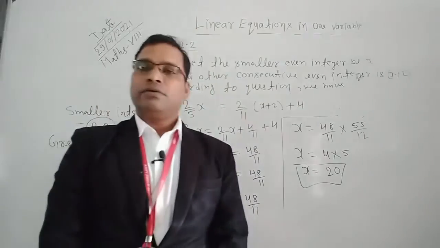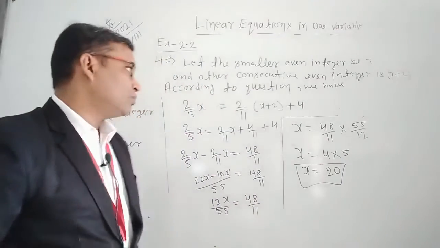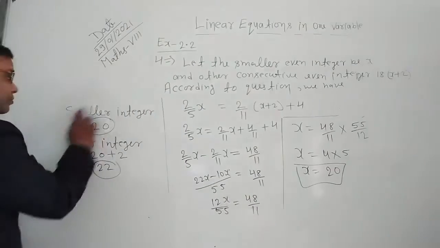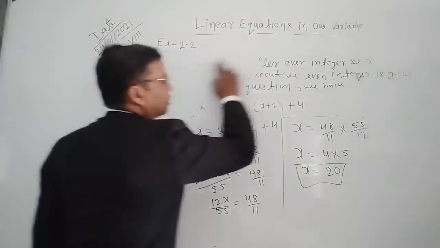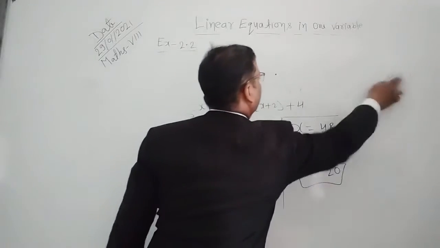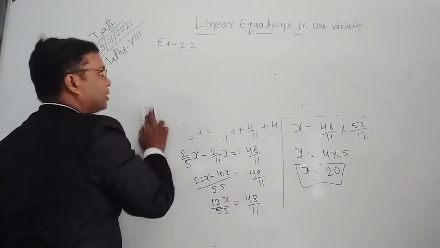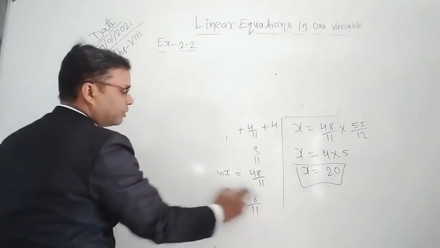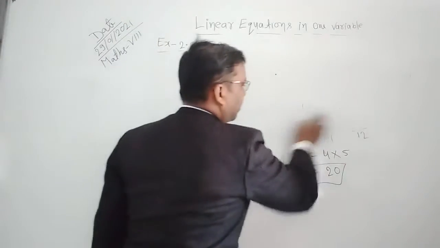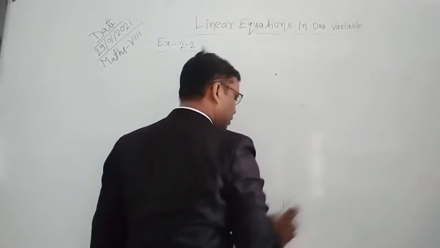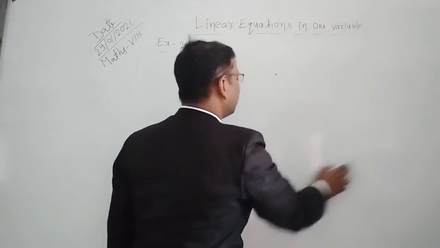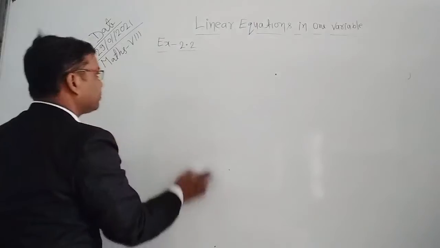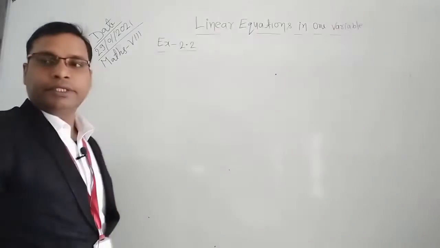Now let's see how to solve this question. First we erase this. After this we solve question number 5 of this exercise 2.2, chapter 2, linear equation in one variable. In this question, you know how a fraction is made. Fraction is equal to numerator by denominator. This is clear.